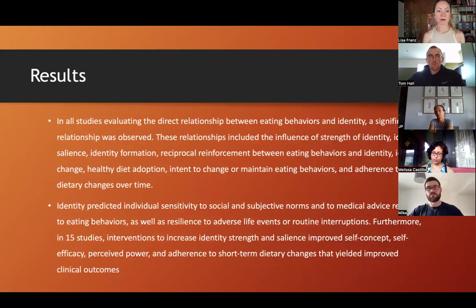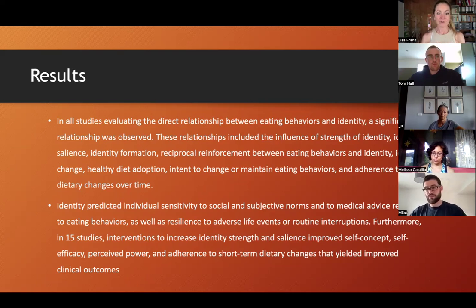And so for the result, in all studies evaluating the direct relationship between eating behaviors and identity, a significant relationship was observed. These relationships included the influence of strength of identity, identity salience, identity formation, reciprocal reinforcement between eating behaviors and identity change, healthy diet adoption, intent to change or maintain eating behaviors, and adhere to dietary changes over time.